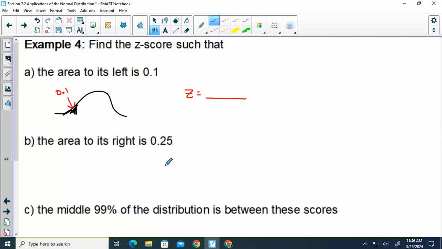So the 0.9998 would be the closest to 1. We want 0.1.